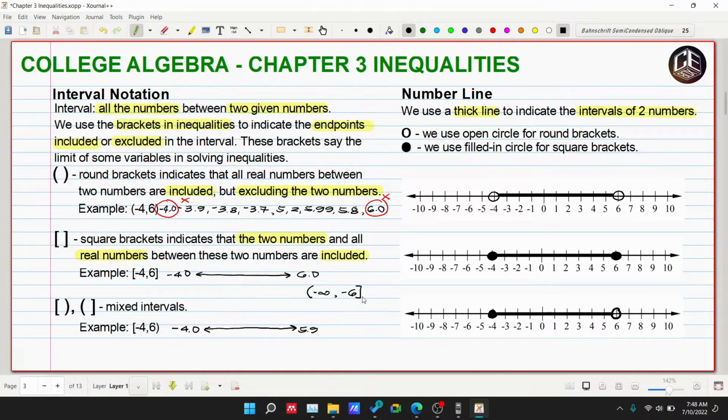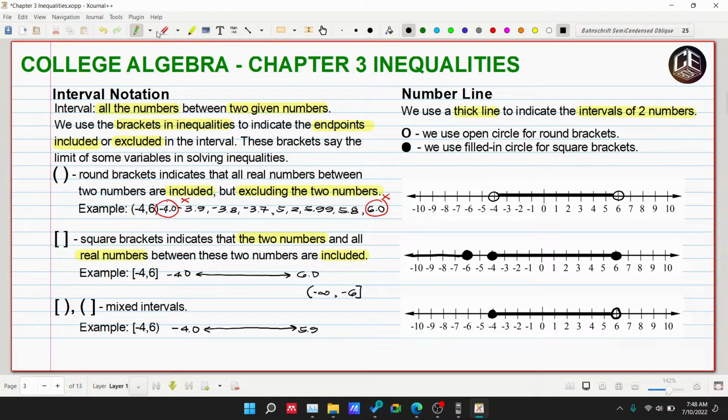So dito, bracket to, okay. Square bracket. Solid circle, tapos negative infinity. So tuloy-tuloy na siya. So bakit to round bracket? Kasi hindi naman natin may include yung exactong value niya kasi infinite siya. So ibig sabihin nito, included yung negative 6 na number, tapos lahat ng real numbers na less than sa kanya. Okay?